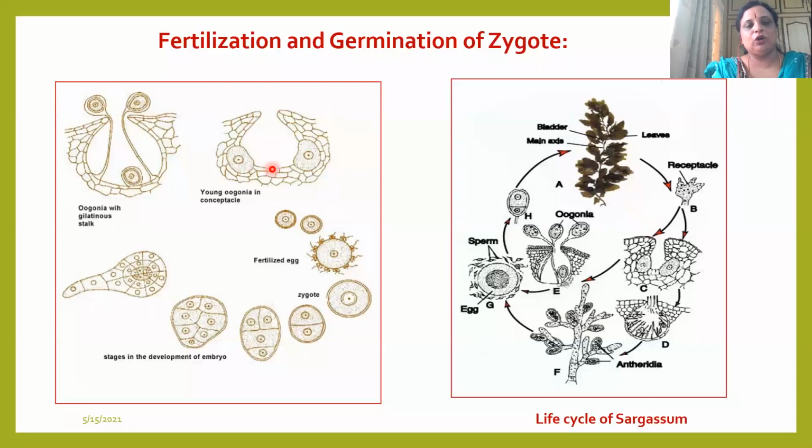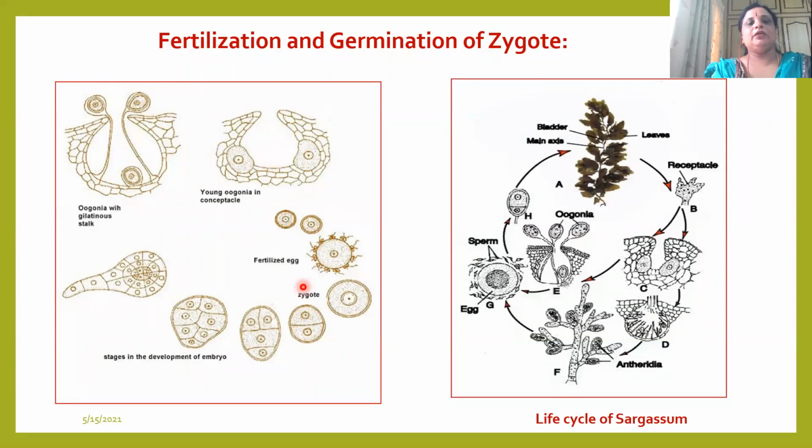Once it reaches the wall, it pulls this oogonium from where it has been embedded, and makes the oogonium exposed outside the ostiole. So now our oogonium has been exposed outside the ostiole, and it has a gelatinous stalk. That is the characteristic feature of Sargassum that you have to remember. So now the oogonium is ready for the process of fertilization.